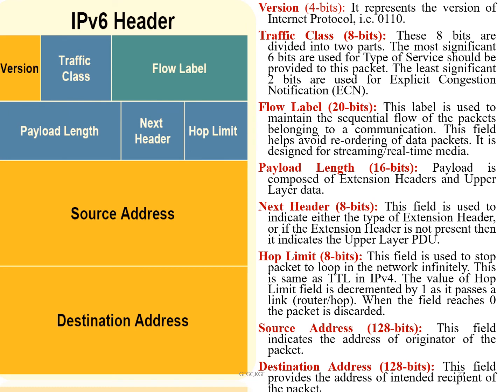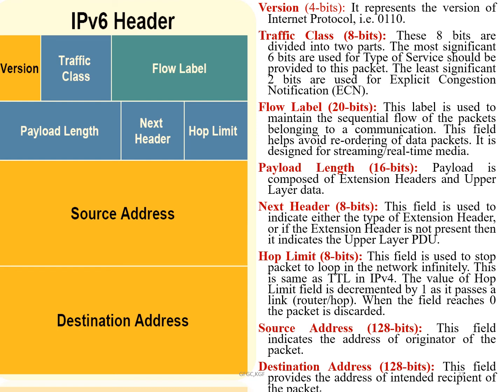The least significant bit is used for explicit congestion notification, which gives the congestion of packets on the traffic. Next is the flow label, which is 20 bits. This label is used to maintain the sequential flow of the packets belonging to a communication. This field usually helps to avoid reordering of data packets.